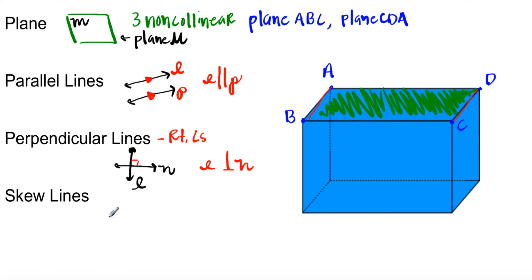Now, skew lines are a little bit harder to describe. Parallel and perpendicular should be fairly common, but skew is a little bit different. And skew lines, we're going to use our three-dimensional figure here to describe skew lines. They're not parallel and they don't intersect because they're in two separate planes. Okay, so the best way to describe this is, let's get the highlighter out.